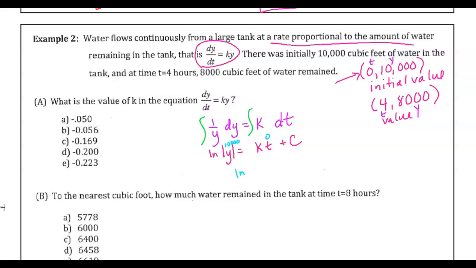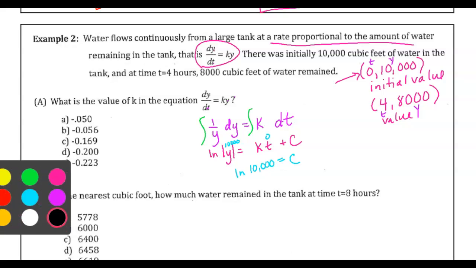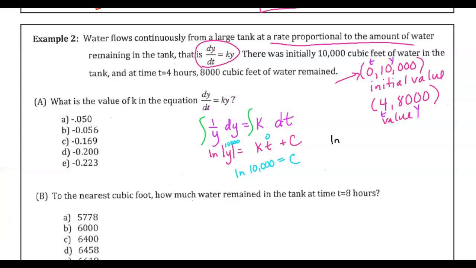So we get the natural log of 10,000 is equal to 0 plus c, so that's our c value. Okay, so I'm going to write that over here. I get natural log of y, and I keep the bars on it because we do have another condition, kt, and then that's my c. So plus natural log of 10,000.